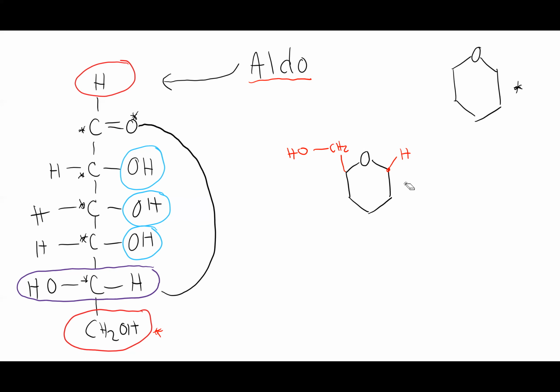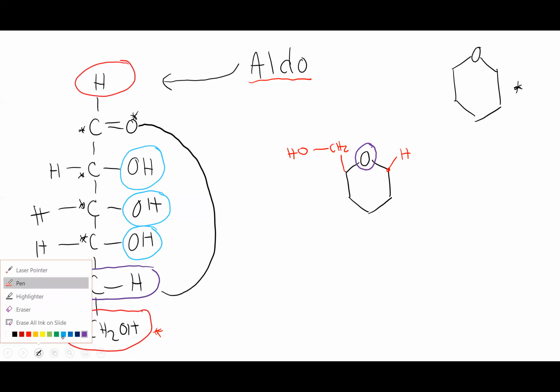Okay, what else do we need to remember? This OH group here became this oxygen, so there's nothing else we need to do with that one. And now we need to place our 3 OH groups that are on our carbon.